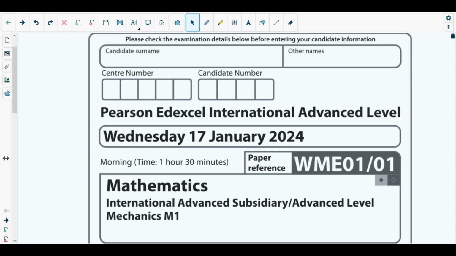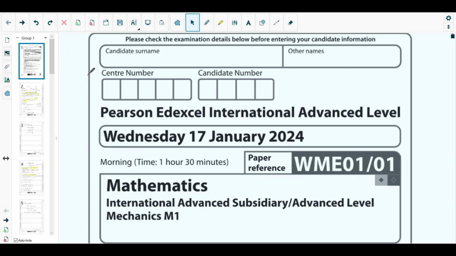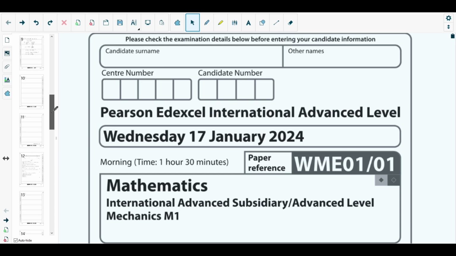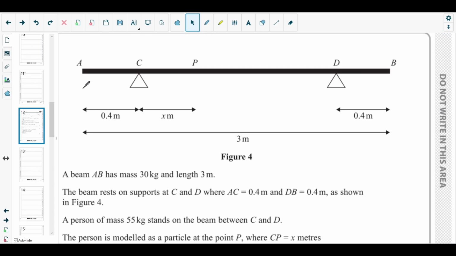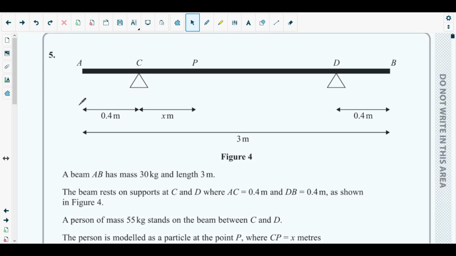So in this video we will be solving question number 5 from January 2024 Mechanics 1 paper. So let's see what question number 5 from this paper is about. Right at first, you can see a figure 4 is given.